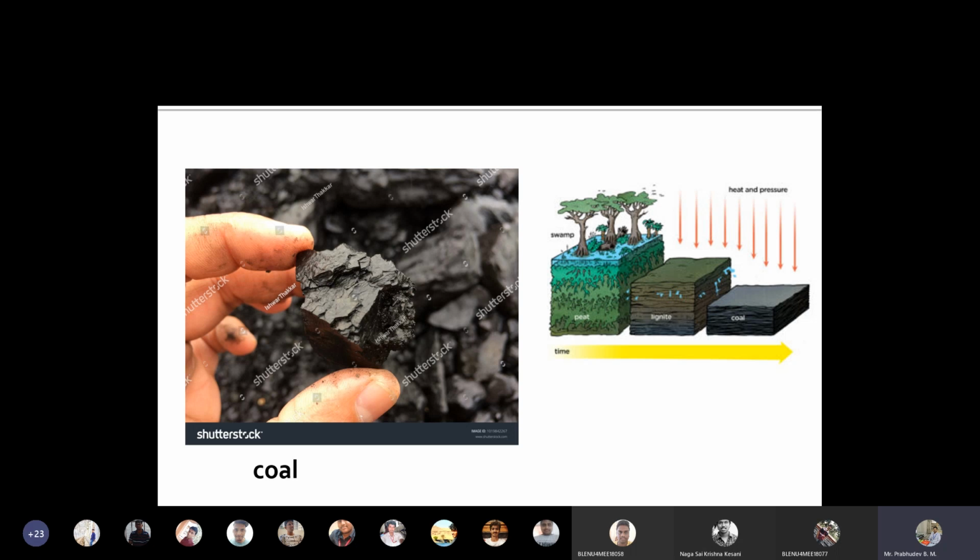There is a steam boiler, and they put this coal into the boiler. It will be burned, the water is heated, and the steam is supplied to the turbine, and you will get the power. Before the discovery of crude oil, coal was very popular.